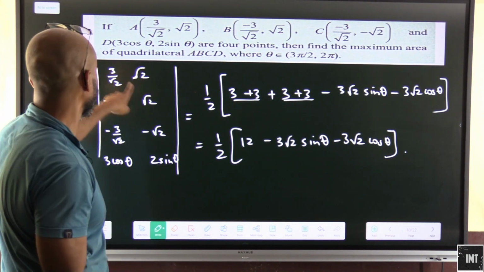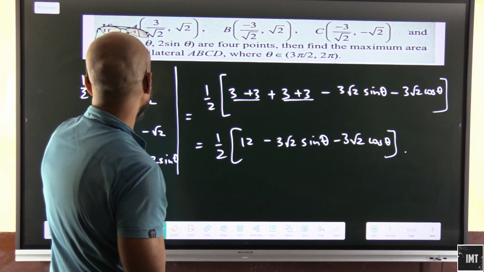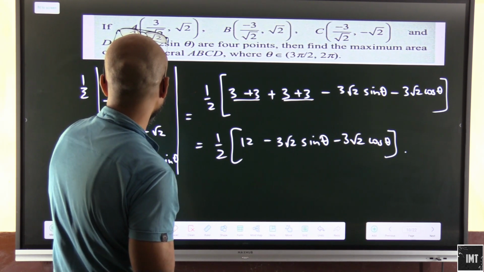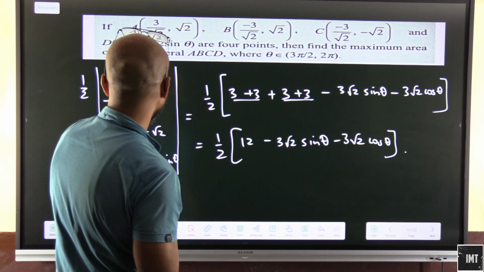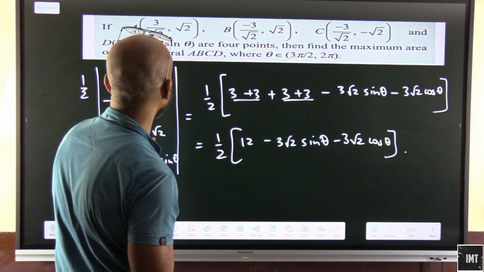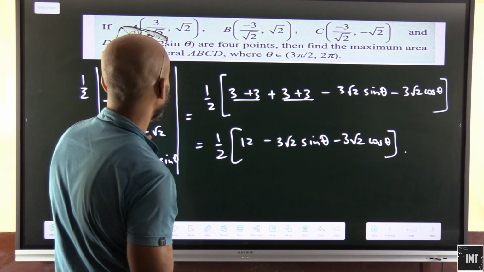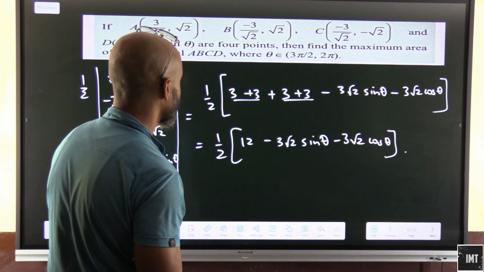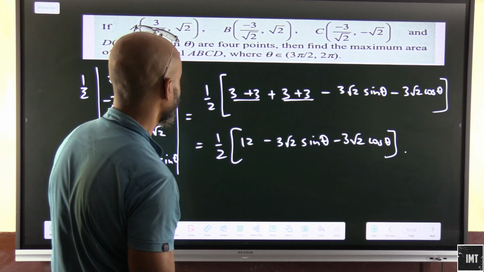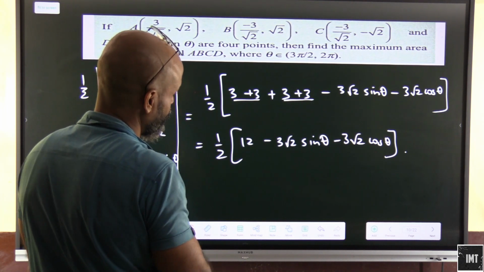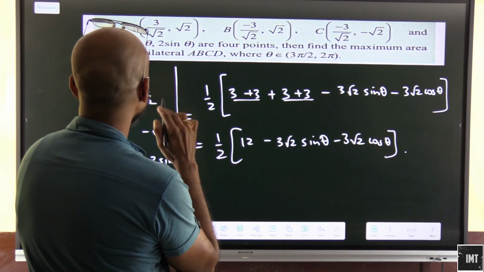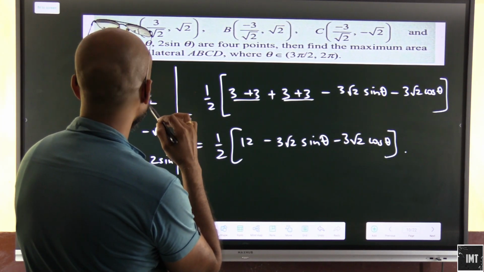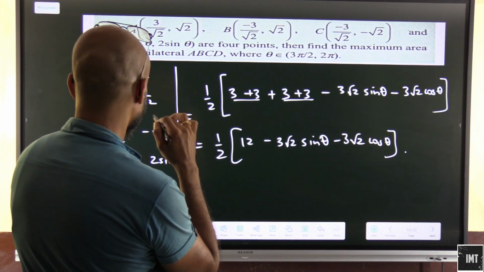Let's check once again. 3 under root 2 gets cancelled, so this will be 3 minus 3 under root 2, plus 3, and 2 under root 2 gets cancelled, so plus 3, so 12 minus... something is going wrong. 3 by under root 2, minus 3 by under root 2, minus 3 by under root 2, 3 cos theta, 2 sin theta.